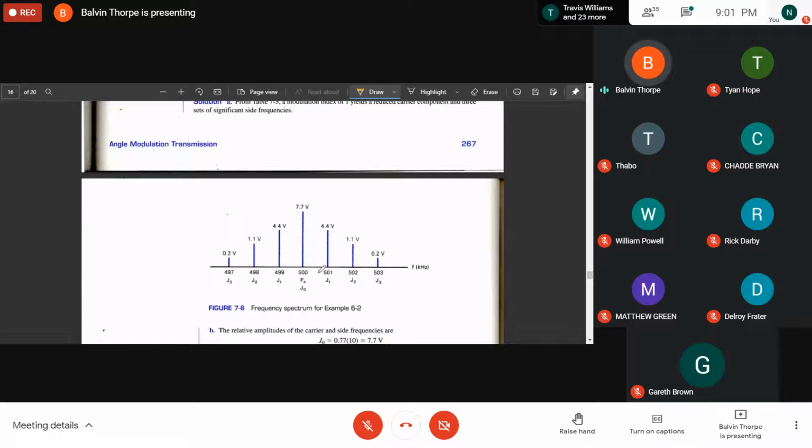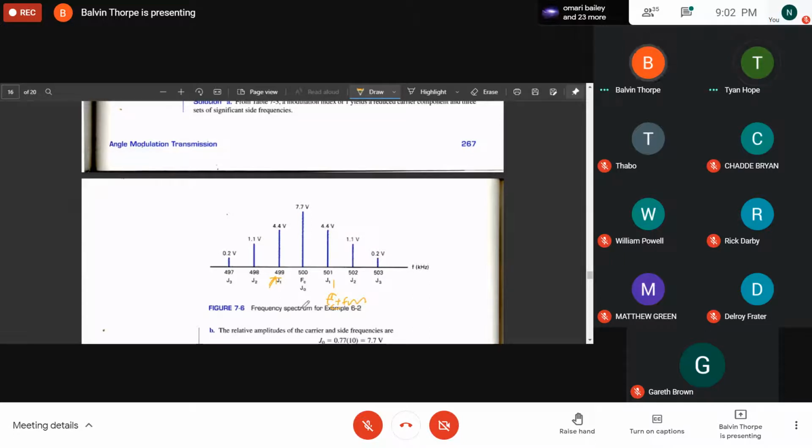This one is FC plus FM. And this one is FC minus FM, which gives you the lower. So J0 is only the carrier frequency.